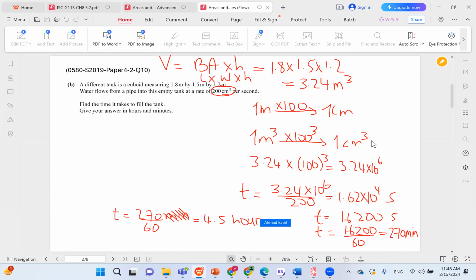They want the answer in hours and minutes, so we divide this into two parts. 4 hours, so the whole number alone, and then the decimal alone as well. So 0.5 hours, and then you multiply the decimal by 60 and go back to minutes. So 30 minutes. So the final answer would be 4 hours and 30 minutes.